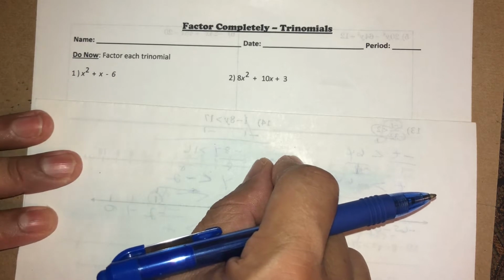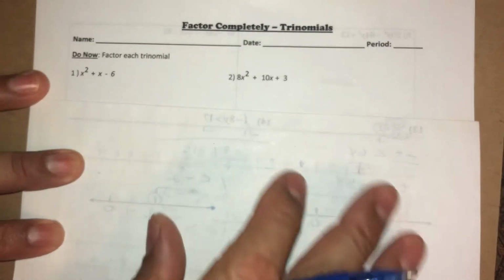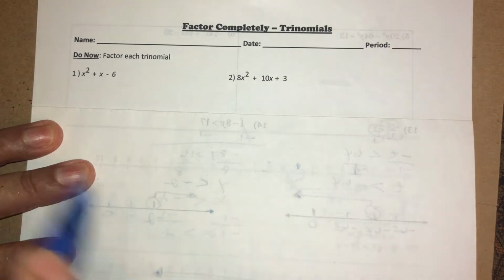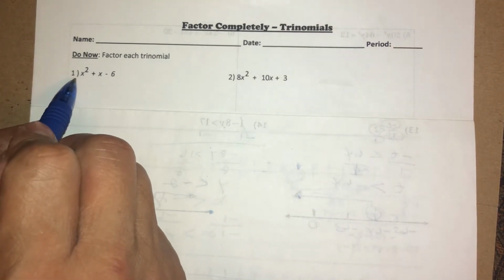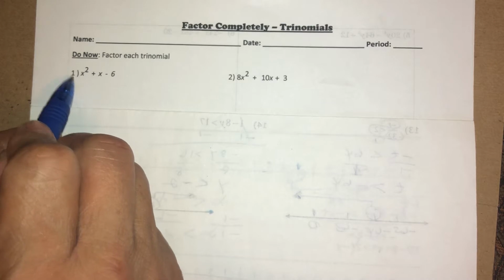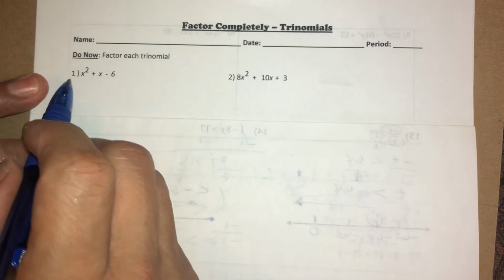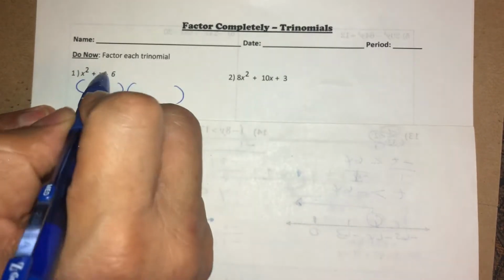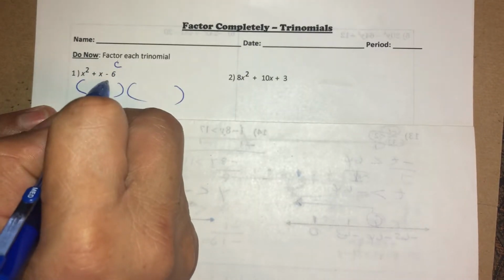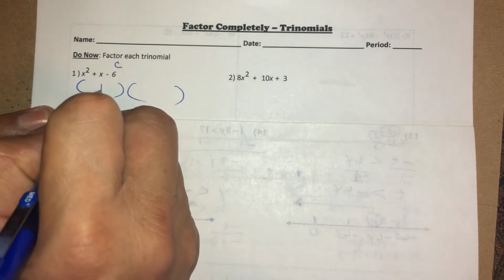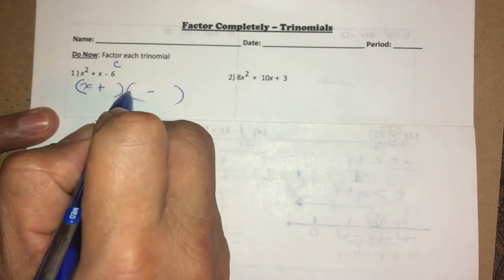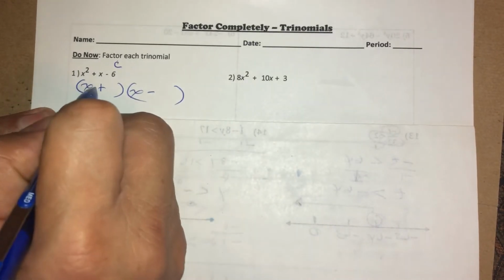So guys, as I do now, we're going to factor trinomials so we can refresh your mind. The first one we're going to do is when the leading coefficient is 1. When the leading coefficient is 1, the only thing you do is open a set of parentheses, okay? Because C is negative, you need different signs, a plus and a minus. Then you distribute your x, and you find two factors of 6.